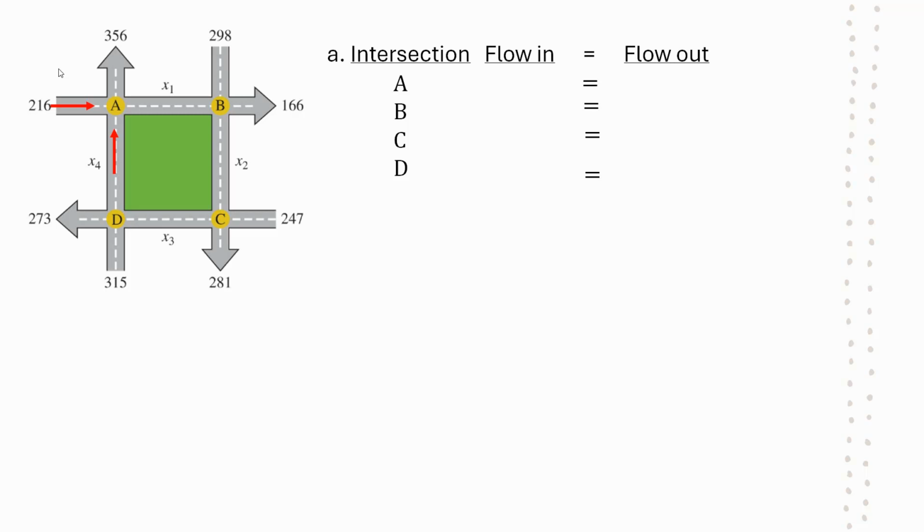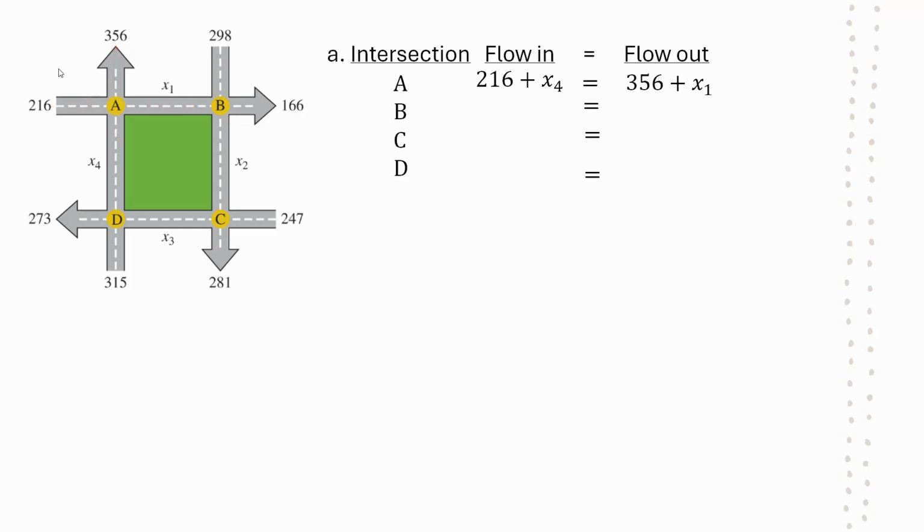So those are the only 2 ways to get into intersection A. So the flow rate going in is the 216 vehicles per hour on the left, and x sub 4. The traffic that flows out of that intersection will either go straight up or it will go to the right. And that's 356 plus x sub 1. So those 2 things need to be equal in order for traffic to flow freely.